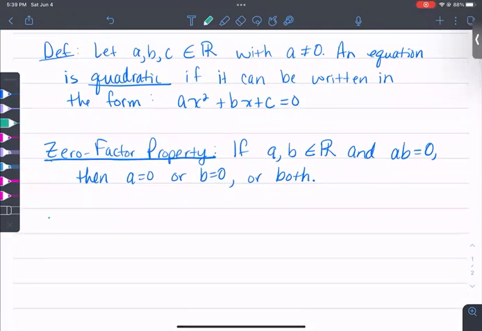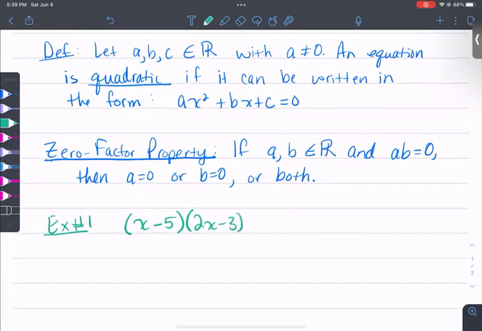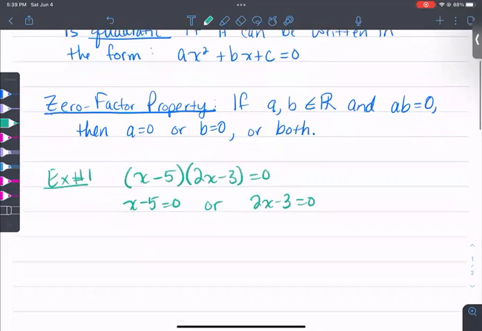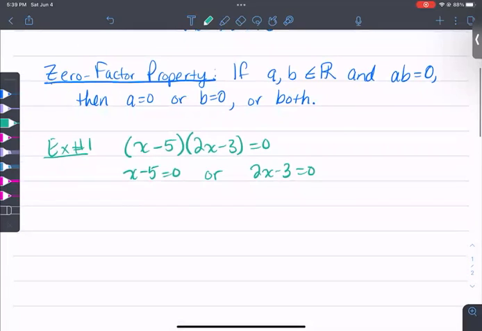So just to put that to use right here off the bat, example number 1, if you have a factored quadratic that is x minus 5 times 2x minus 3, and that's set equal to 0, then the zero factor property says that either x minus 5 must be 0, or 2x minus 3 must be 0, or possibly both. And then we solve each of those equations simultaneously.